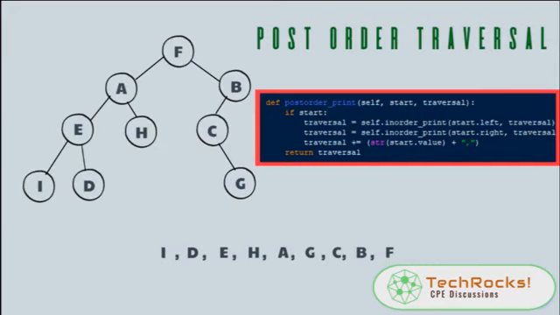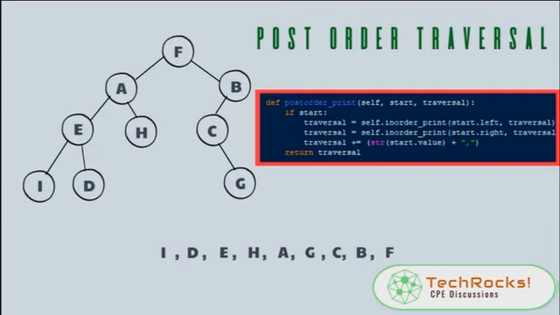In the code, in the method postorder_print condition, the traversal is self.postorder_print(start.left, traversal). Then self.postorder_print(start.right, traversal).